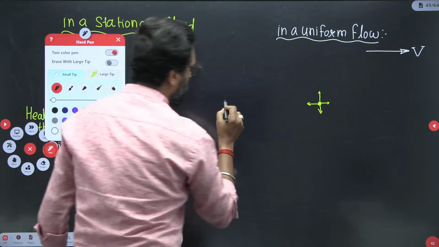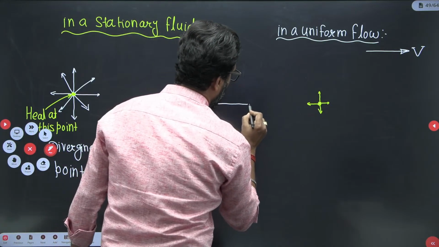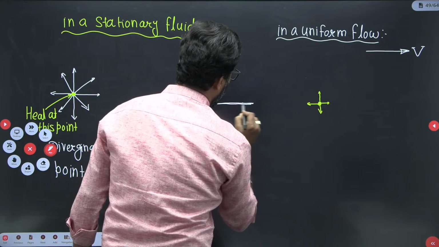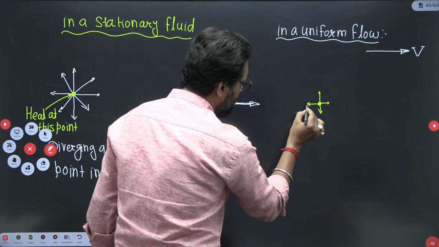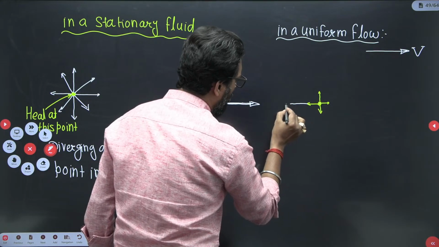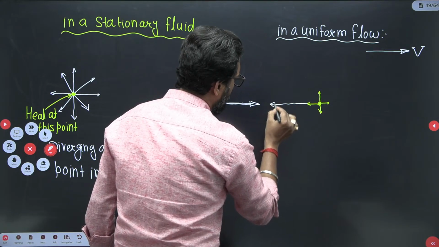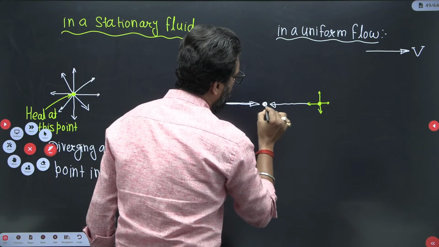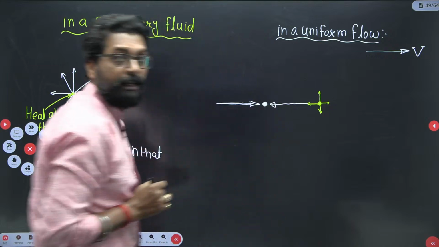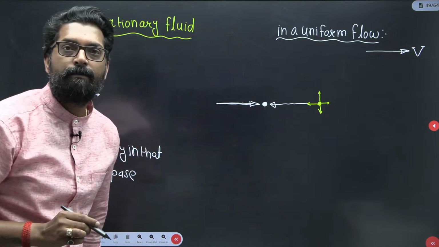No problem. Let's suppose the fluid is coming with the velocity v, and here this streamline is coming. So there is a point that is your stagnation point. It forms a stagnation point. Yes or not? It forms a stagnation point. Okay.